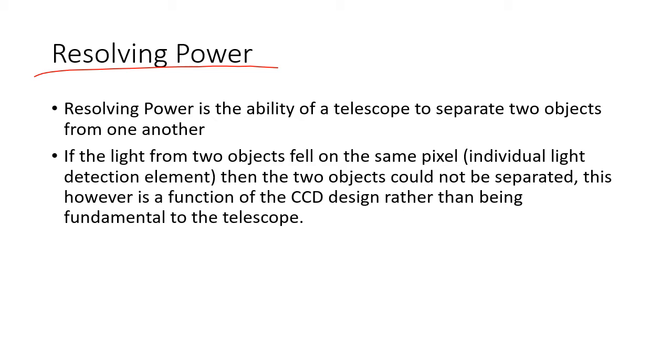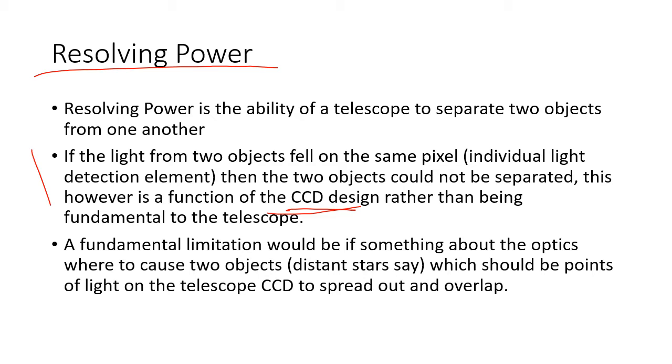But that's not fundamental, because that depends on the CCD design. You could sort that out by having pixel elements that were closer spaced on your CCD. But it gives you the idea of what I mean by being able to resolve. Can I tell two objects apart when I look at the image that my telescope creates?